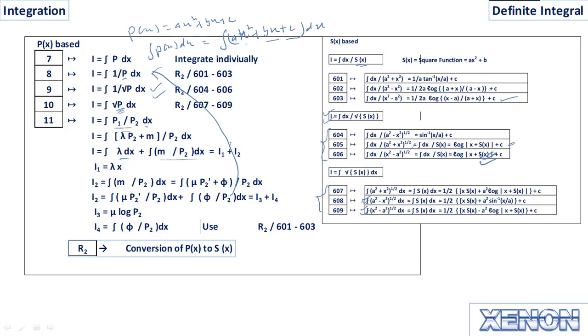So for this portion we will put P2x equals to t, then P2 dash x dx will be dt. So actually here we will get mu log P2, and the integration of phi upon P2 dx, we will use the rule 6.0.1 to 6.0.3, right? Now here in rule 2 we are converting Px to Sx, right?